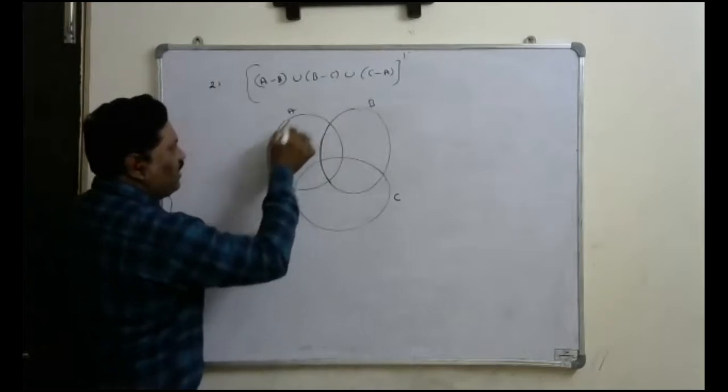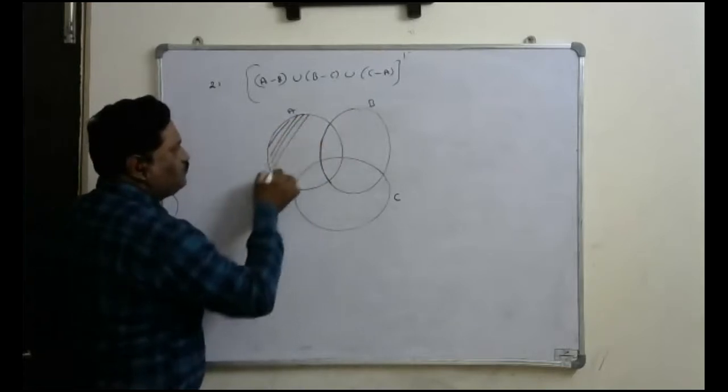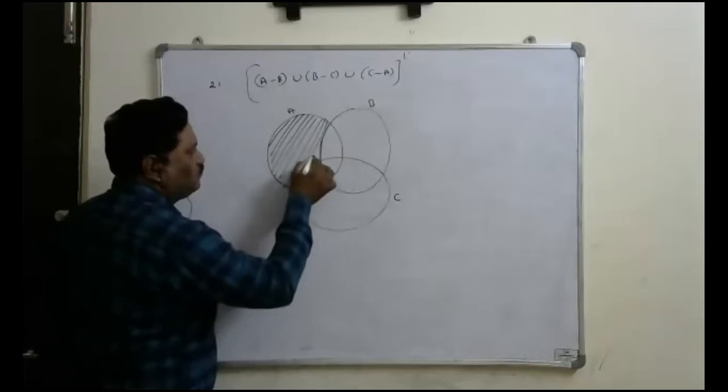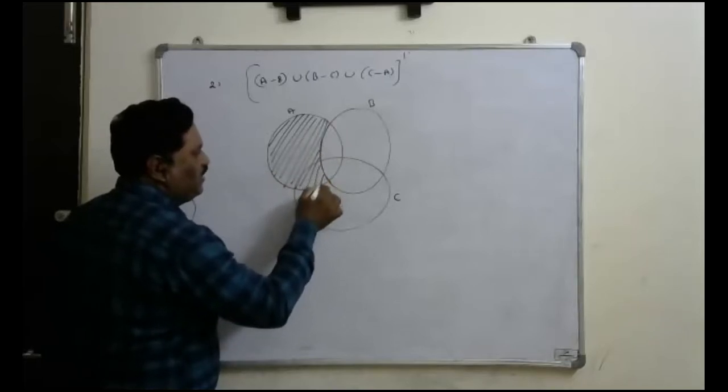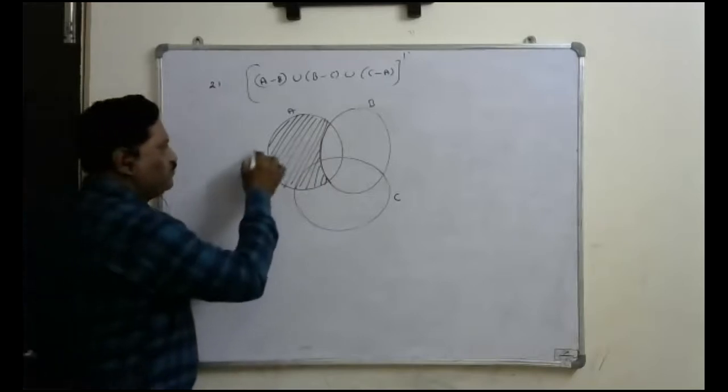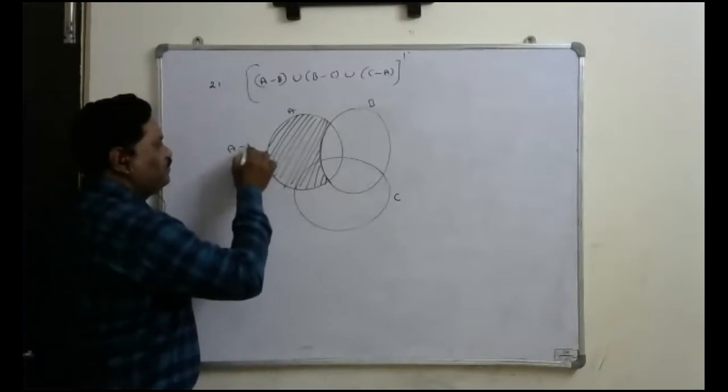Then the remaining area we can take. This dashed area is going to represent A minus B.